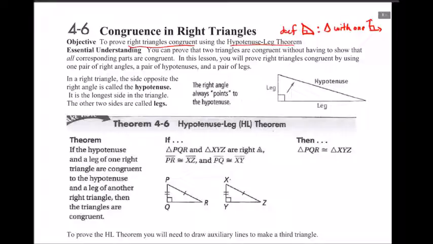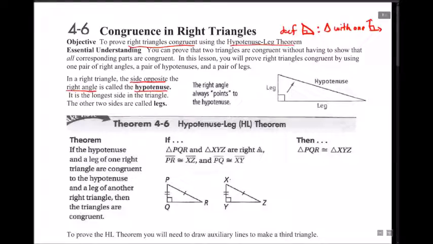So for this lesson, we need to have some vocabulary. In a right triangle, the side opposite the right angle is called the hypotenuse.